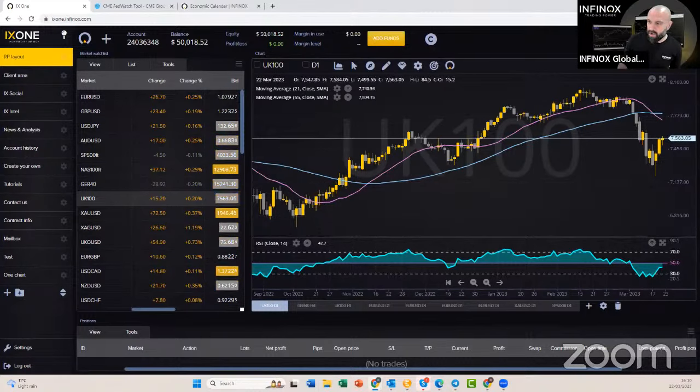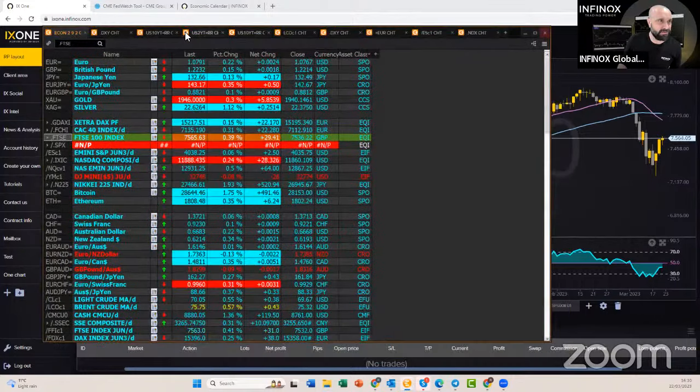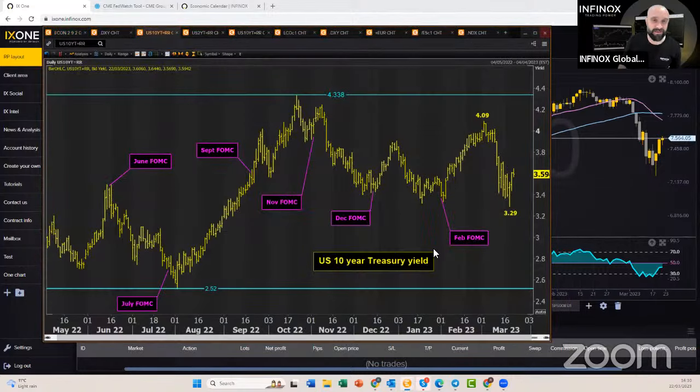markets? Well, what we can see is that US bond yields are still very volatile. Very, very volatile on bond yields. Very wide ranges on US Treasury yields. That's the 10-year. It fell from 409 to 329, so lost 80 basis points in the space of a couple of weeks, and then just rebounded a little bit.